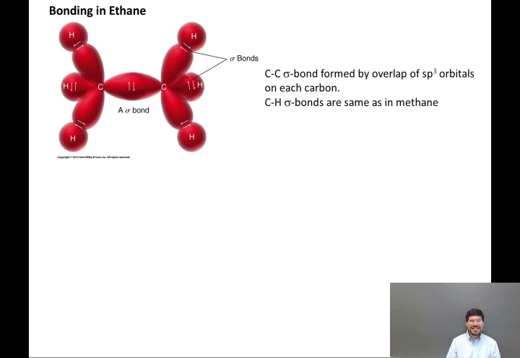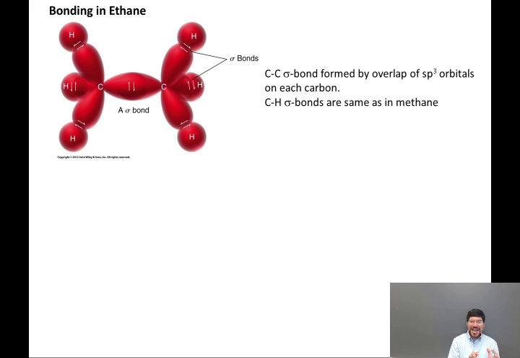Okay, so we want to take this one step further. We talked about methane. Now we want to make this a little bit bigger and talk about ethane. Ethane is the molecule C2H6. Each carbon is bound to 3 hydrogens and the other carbon. The carbon-carbon bond in the center of this molecule is formed by the overlap of an sp3 orbital on each carbon atom.